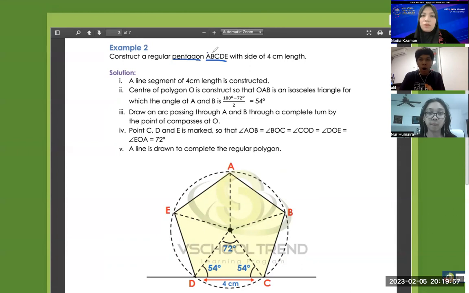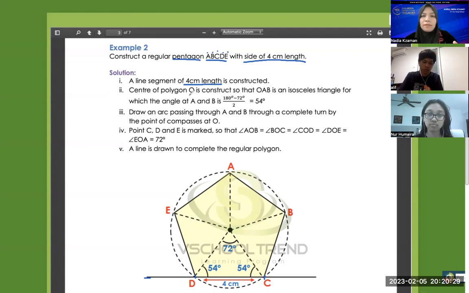We call the corners A, B, C, D, E, and the sides have a length of 4 centimeters. What you need to do is draw a line and construct a line segment with a length of 4 centimeters.